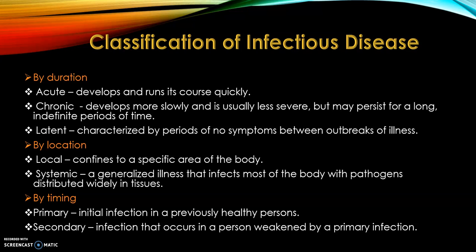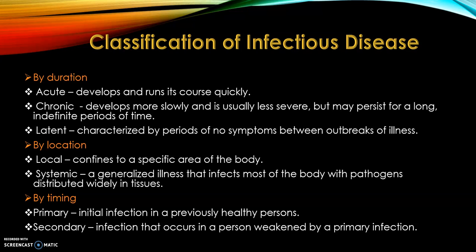In this section, we will focus on the terms presented in the slide that are used to classify infectious disease. Diseases may be classified in terms of the severity and duration of the disease. Terminology used to classify diseases based on duration: acute, chronic, and latent.